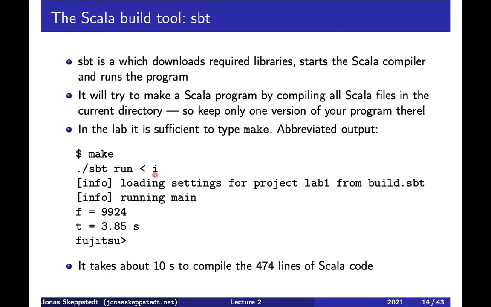And this took 10 seconds to compile the program, which is quite horrible. It's only 474 lines. Of course, it has to check various things, but it's still outrageous in my view.